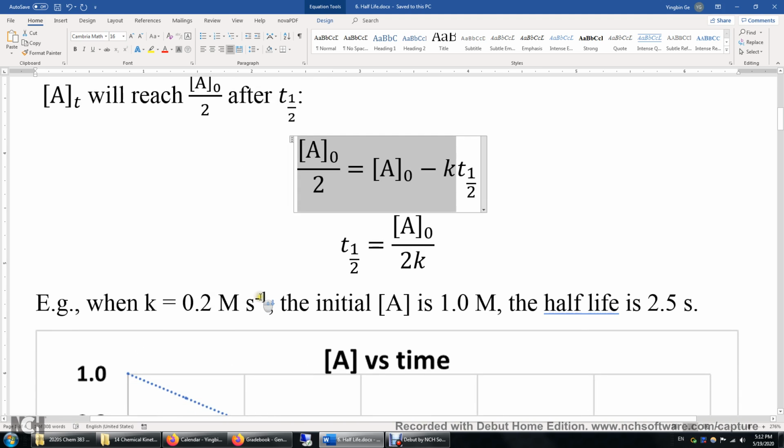It's that simple. For example, if k is 0.2 molar per second and we have the initial concentration of A, let's say it's 1.0 molar, plug in these two numbers, 1.0 molar on top, 2 times 0.2 molar per second on the bottom, we get the half-life is 2.5 seconds.